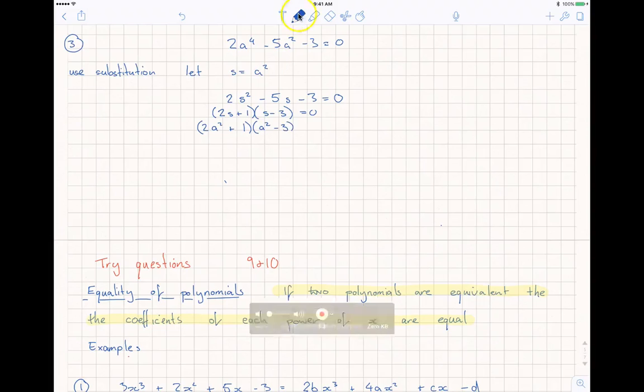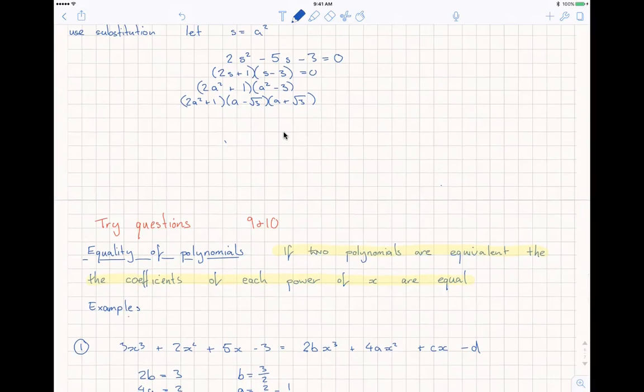This last expression here is in fact a difference of 2 squares, if we consider that it's a squared minus the square root of 3 squared. Now we can apply the null factor law. Or we could try to factorize this quadratic expression further, and you could find the discriminant.